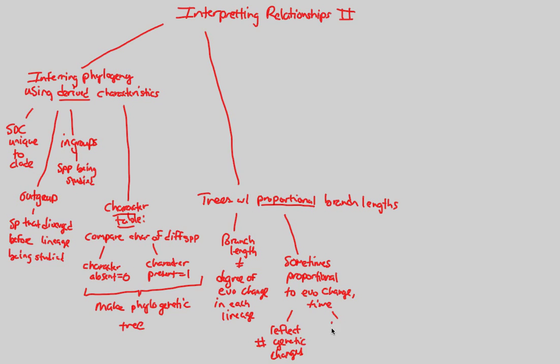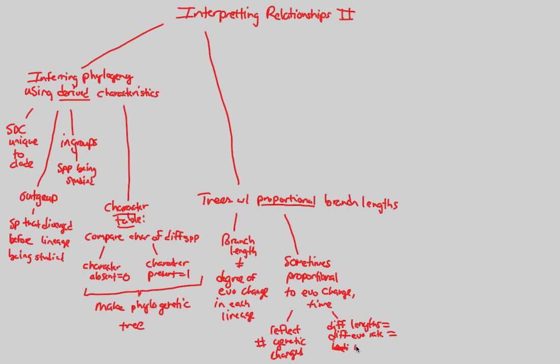And we can also state that furthermore, from this idea of different number of genetic changes, different lengths of these proportional branches will indicate that we have different evolutionary rates. And if we have a short branch, we have a fast evolutionary rate, quick evolution. If we have a long branch, we have a long evolutionary rate. This is going to all be seen in different lineages.